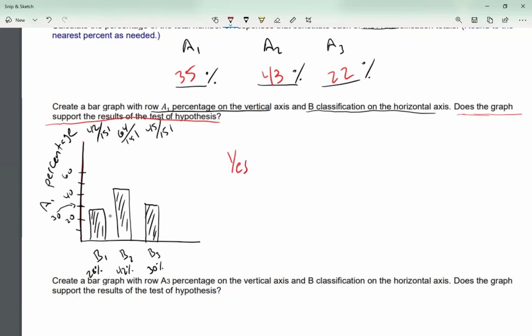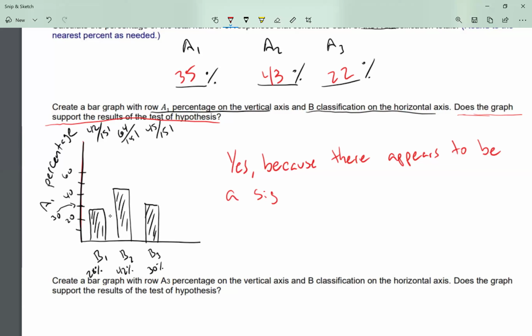So yes, because there appears to be a significant difference in the row A1 percentage.